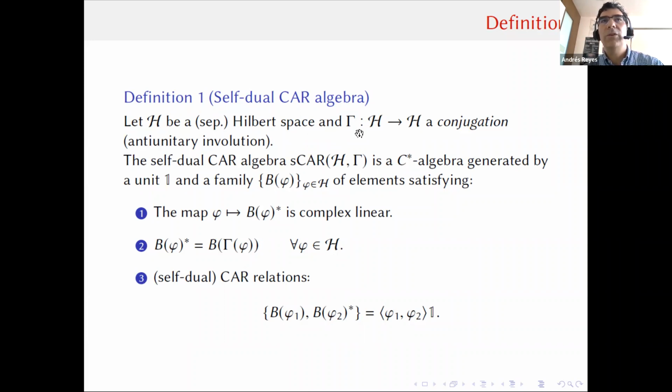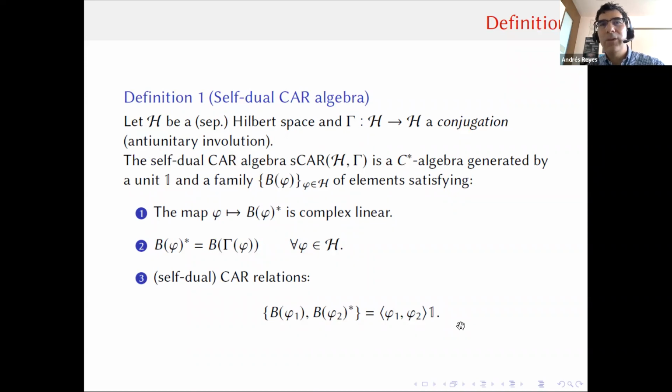we have an additional structure. So we start with a Hilbert space and a conjugation gamma, which is an antilinear, anti-unitary operator. It is an involution. And then, given these two structures, the inner product and the conjugation, we can construct an algebra which can be given in terms of a set of generators and relations satisfying these anti-commutation relations.